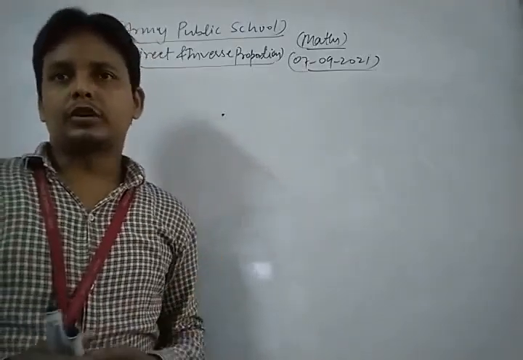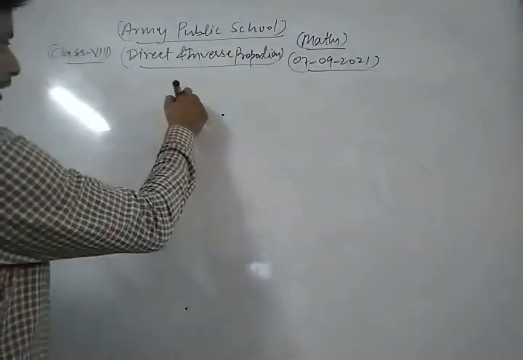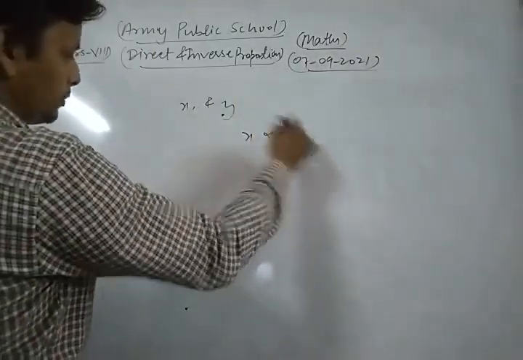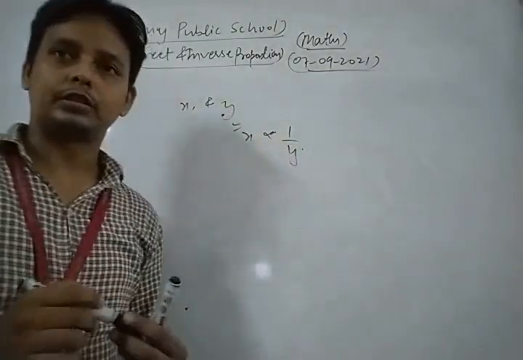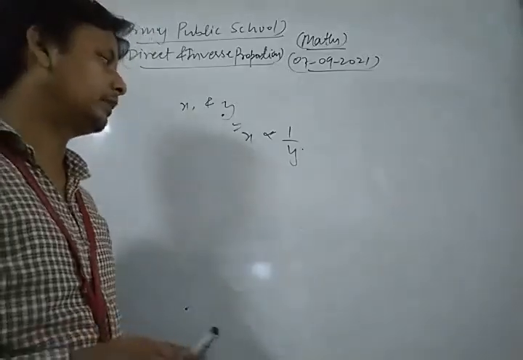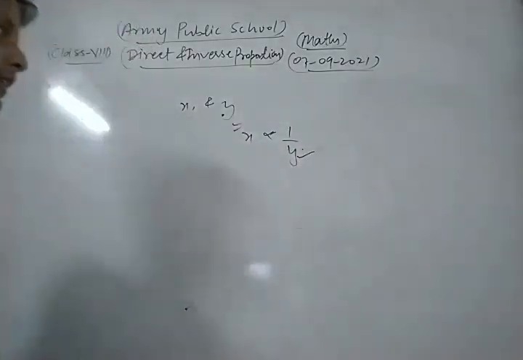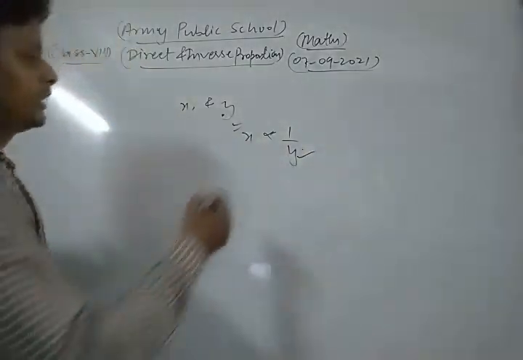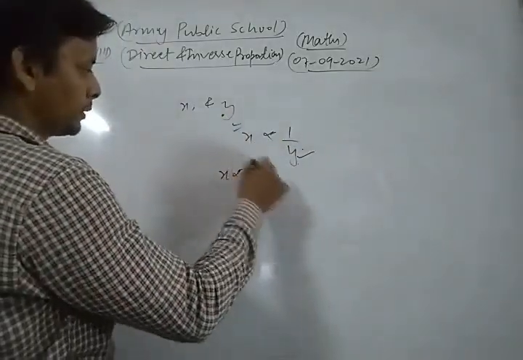First we clear the concept of inverse proportion. Dear students, if two quantities are there, x and y, and we write a relation x proportional to 1 upon y, then this is said to be in inverse proportion. In inverse proportion, if one quantity increases, then the other decreases.